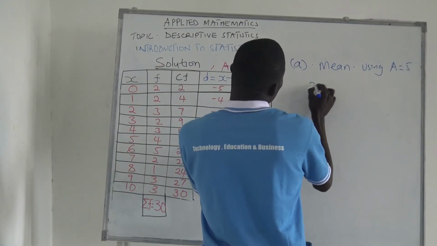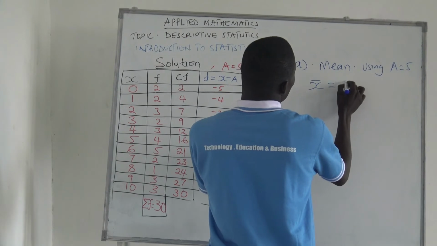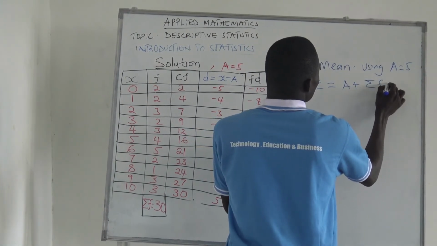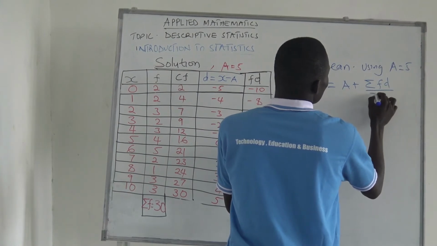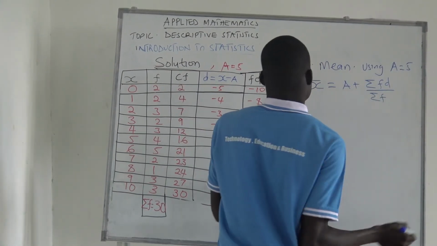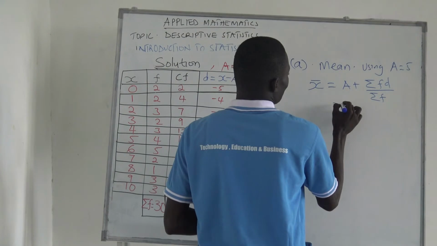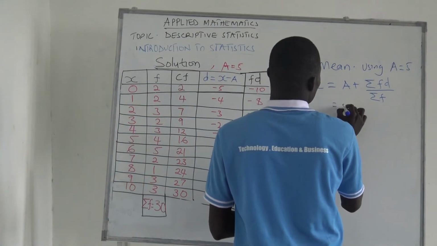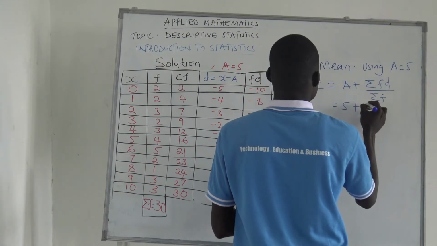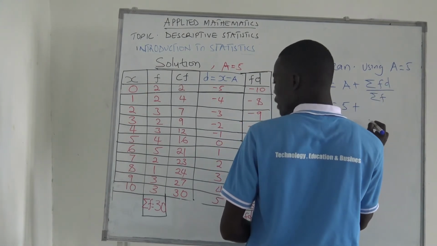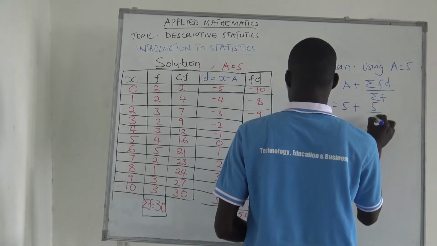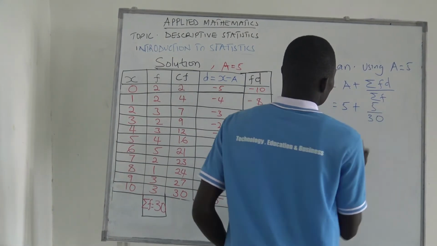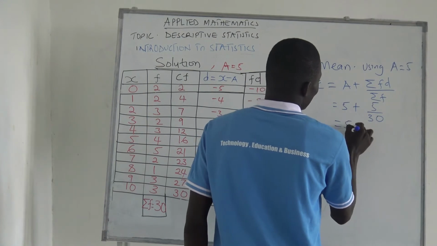So our mean now is calculated from A plus summation of fd out of summation of f. So how do you get this answer? Our assumed mean A, which is 5, plus summation of fd, we have got it as 5, out of summation of f, which is 30.